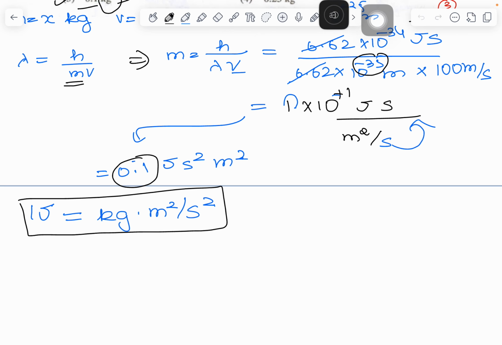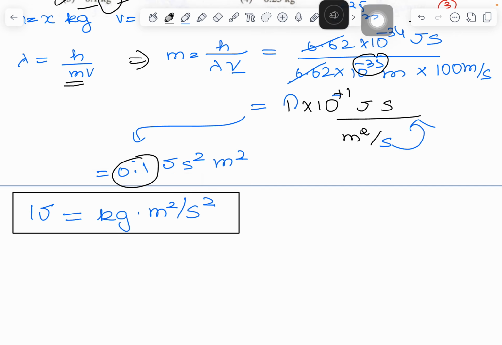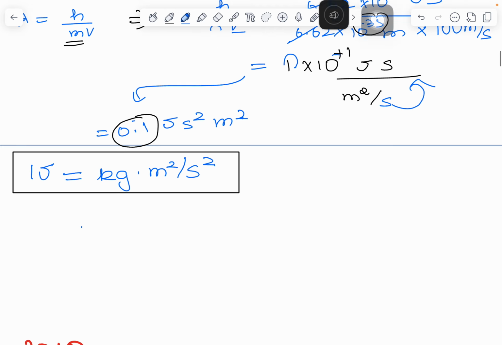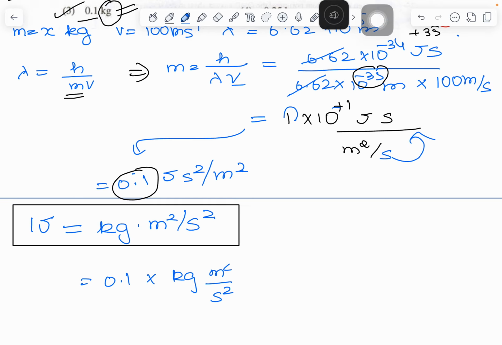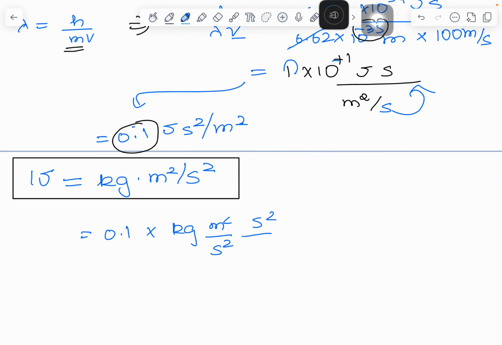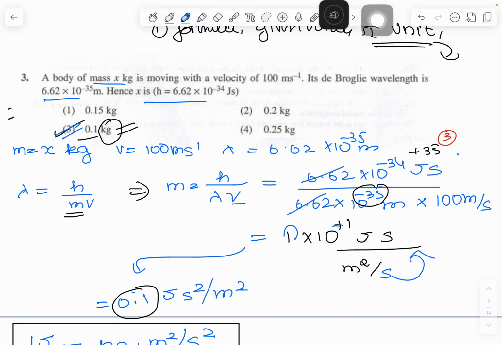This you have to note down. So put this 1 joule into the given value, that is 0.1 into joule is kg meter square per second square, and we also have second square per meter square, it gets cancelled out, so then we'll get 0.1 kg. So the correct answer for this question is the third option.